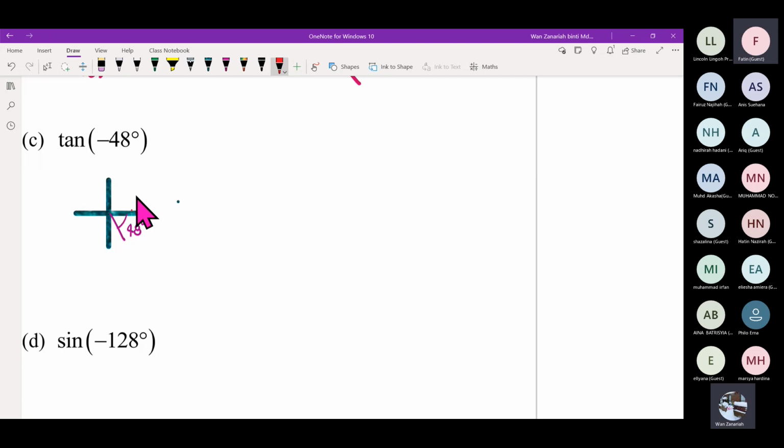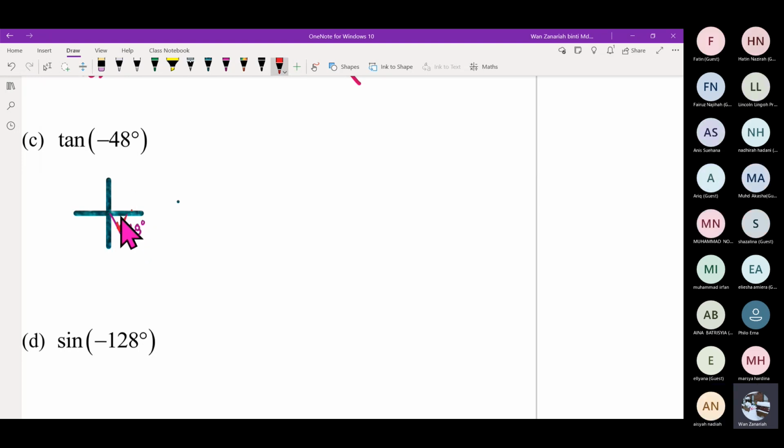Negative 48, or 48 downward, is already an acute angle. So no problem. As long as it's between 0 and 90, it's already an acute angle.